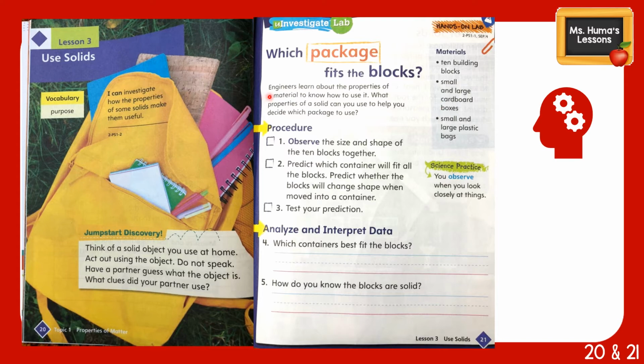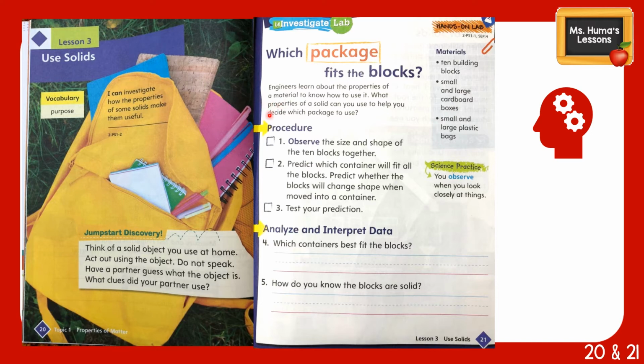They're asking us which package fits the blocks. Engineers learn about the properties of a material to know how to use it. Now, how to use it means the purpose. And the properties of material we have already studied. What do engineers do? First, they observe the properties of the material. We already know some properties we can see and observe, like color, shape, texture, size.